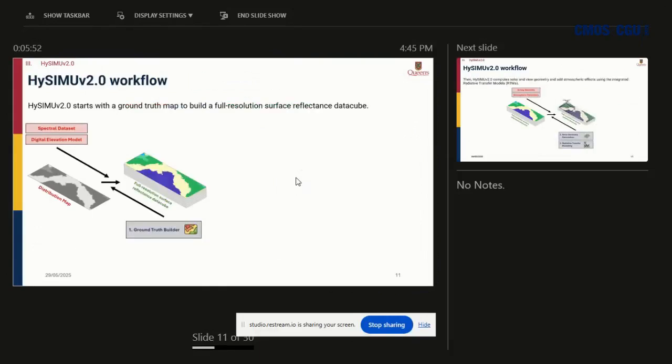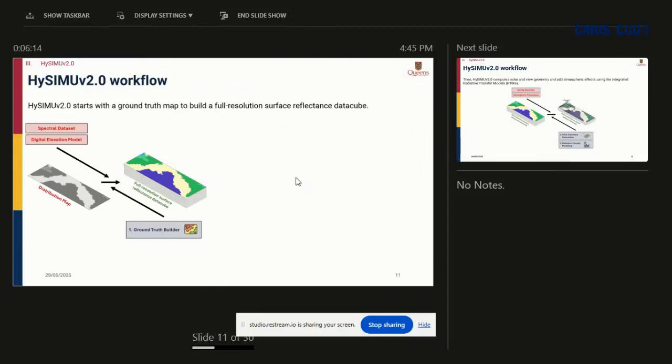So how it works is, the first step, HiSimu starts with a ground truth map, which is derived from a surface distribution map combined with a spectral dataset and a DEM, and then puts it into the first module of HiSimu. HiSimu will generate a full resolution surface reflectance data cube.